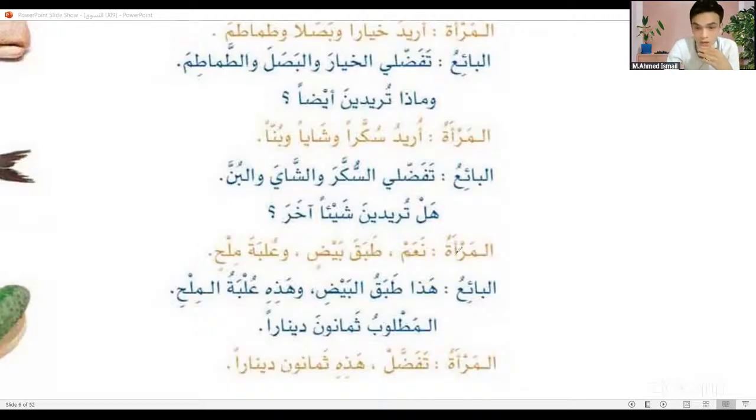Then the بائع asks again: هل تريدين شيئا آخر? Do you want any other thing, شيئا آخر? And she said نعم, yes. And this time the بائع, the seller, asked with هل. Before, he said ماذا تريدين, what do you want?